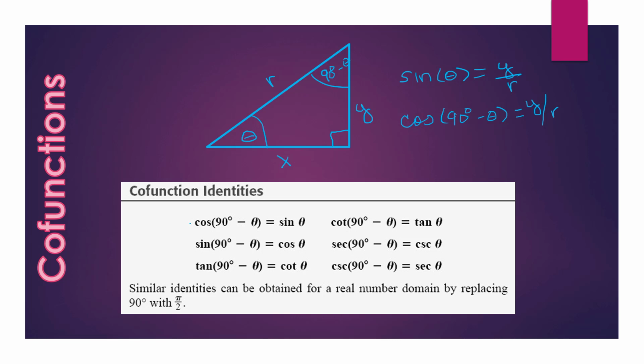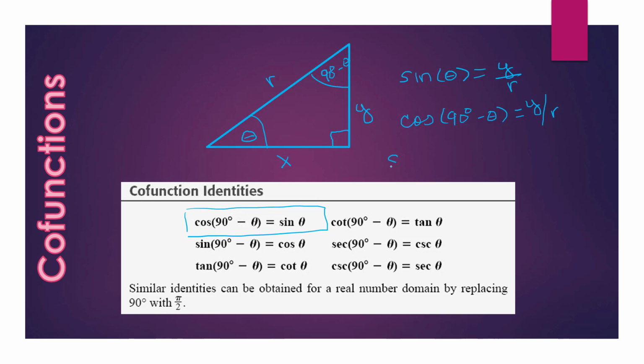So let me give you a practical example, and you can see all the identities down here. Let's say theta, just focusing on this first identity, let's say theta is 30 degrees, okay?